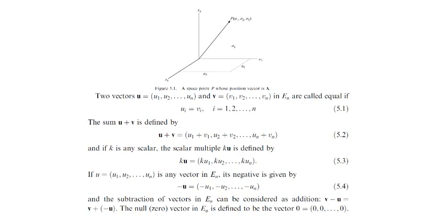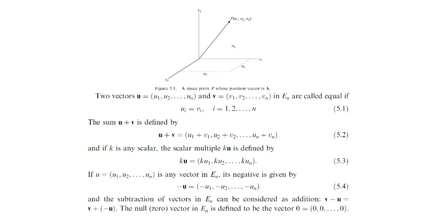Now, we have negative vectors also in n-dimensional Euclidean space, where if u is given by the components u1, u2, etc., un, then minus u would be given by minus u1, minus u2, etc., minus un. And just as we say in the case of, say, three-dimensional space, when you subtract two vectors, what you actually do is you add v plus minus u. The same is the case with n-dimensional space.